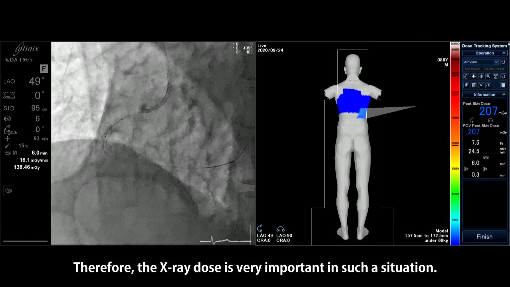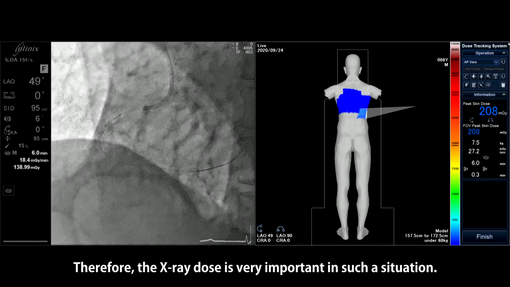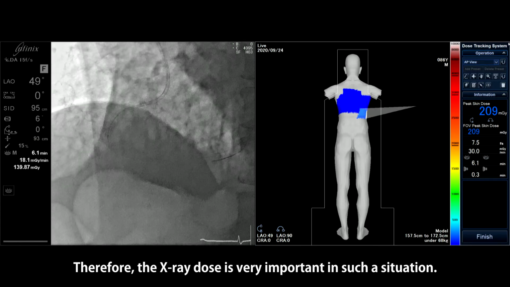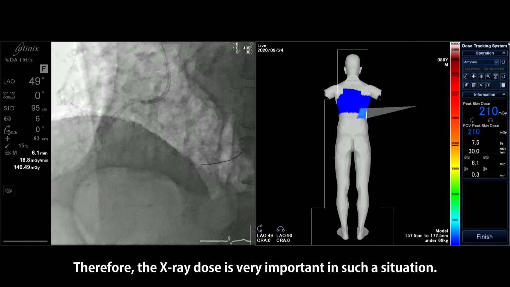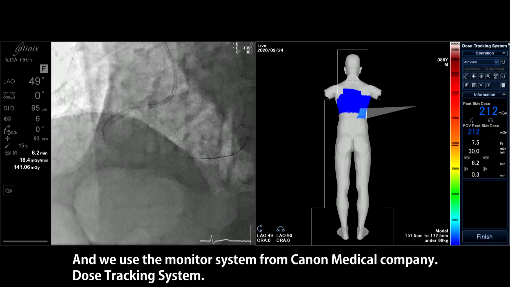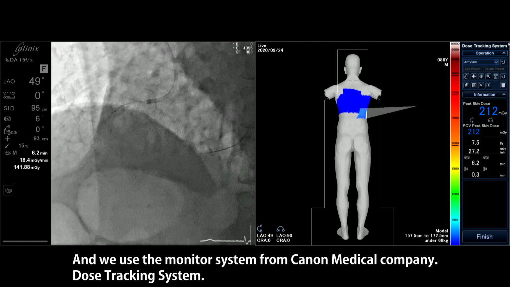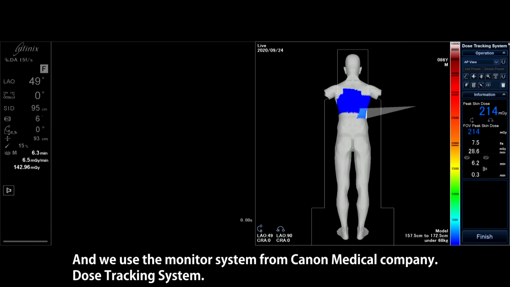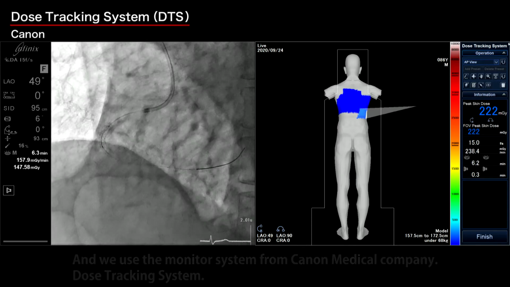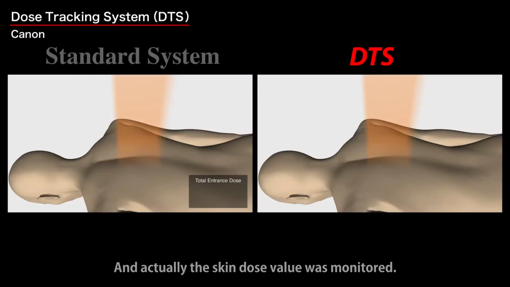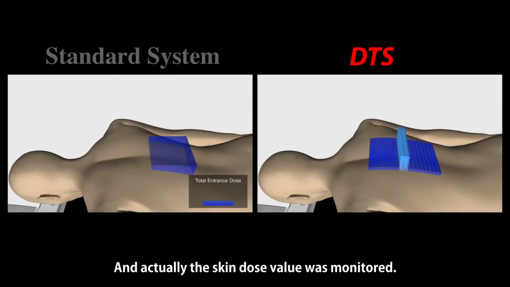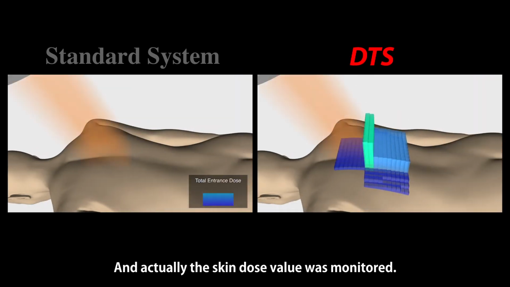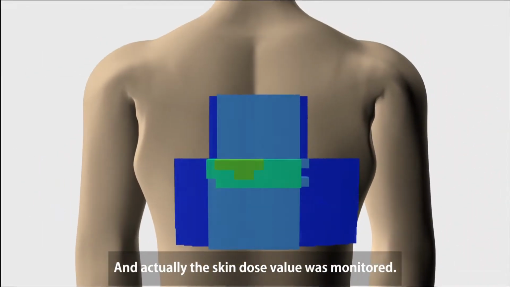Therefore, the X-ray dose is very important in such a situation, and we use the monitor system from Canon Medical. So the dose tracking system, and skin dose value was monitored.